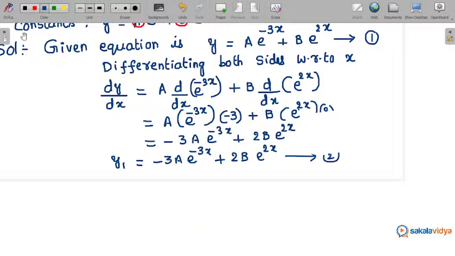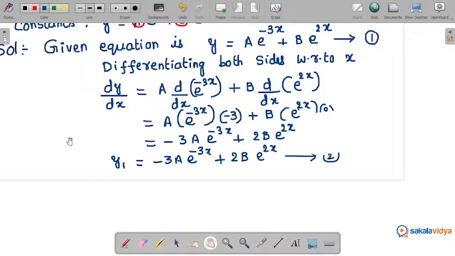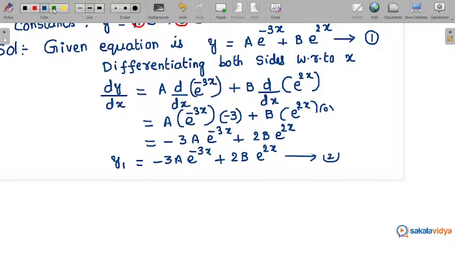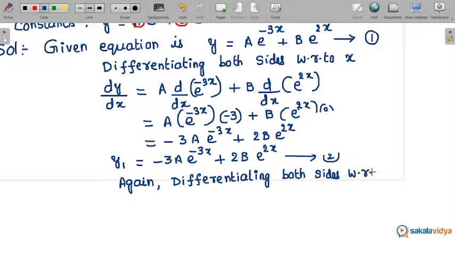Differentiating again both sides with respect to x. Okay, then what do we get now here?